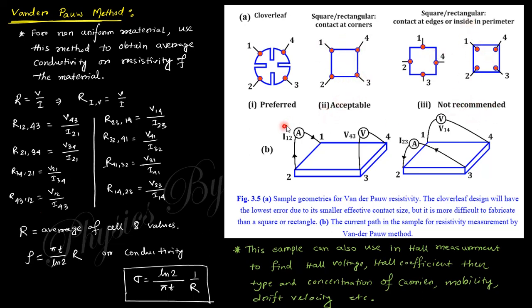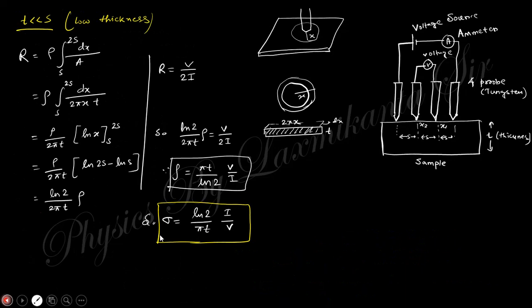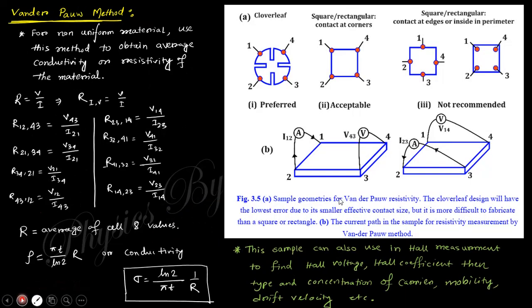Okay. So you just take these two as the current source and these as the voltage measured, and there is another current source and voltage measured. So using these four combinations you will obtain 8 resistances, take the average, and after taking the average you will get the resistivity using this relation, because of the thin film.